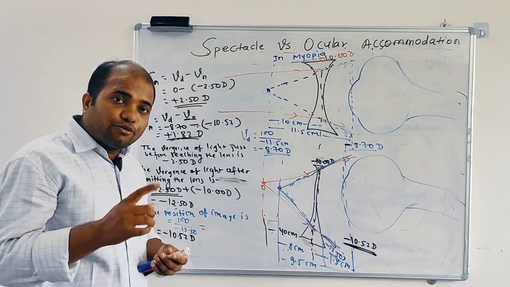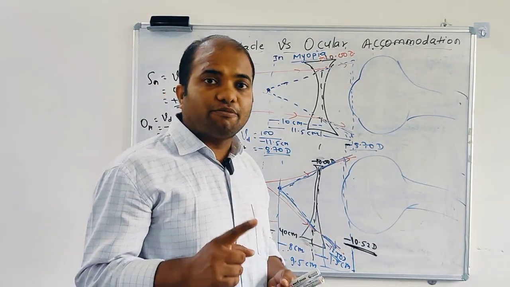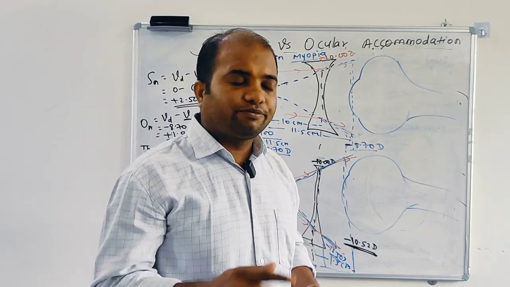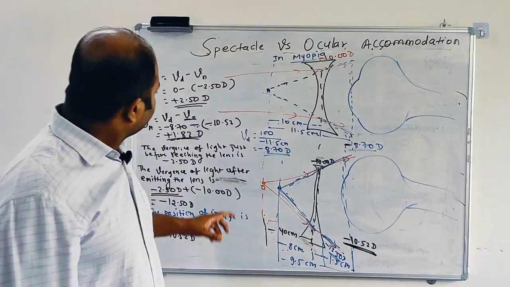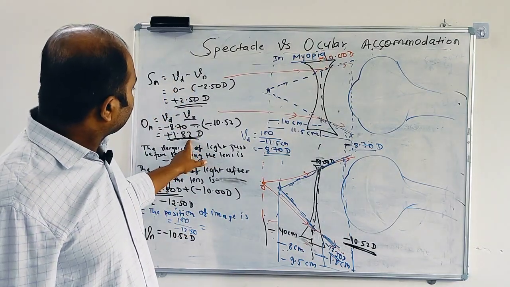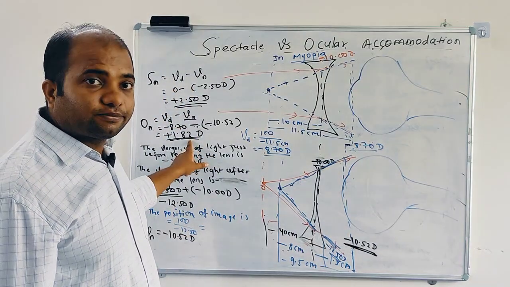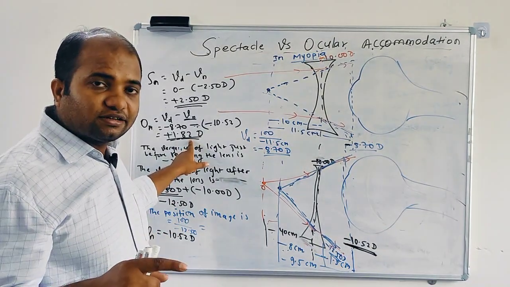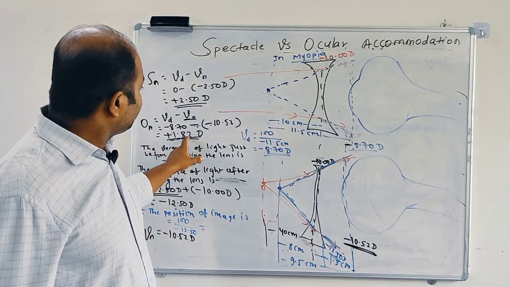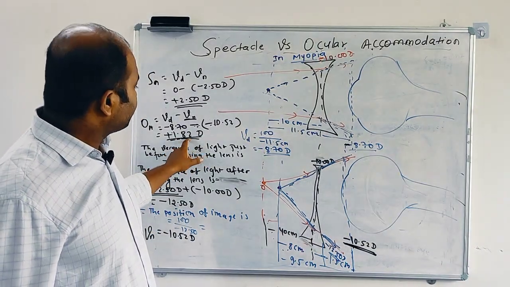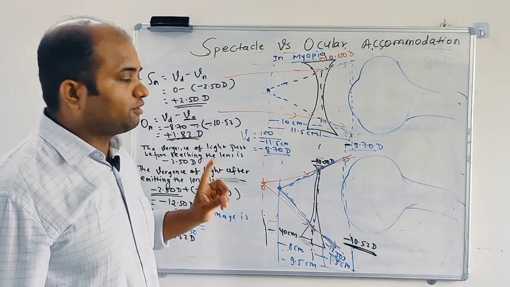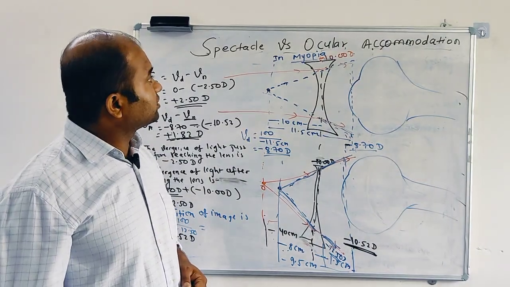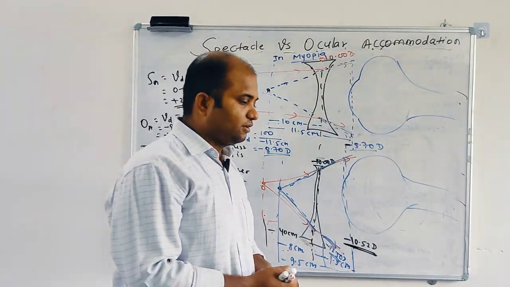So a myope wearing a spectacle will accommodate less as compared to an emmetrope. Emmetrope is 2.41 diopter and myope is 1.82 diopter. So this is the story from spectacle versus ocular accommodation.